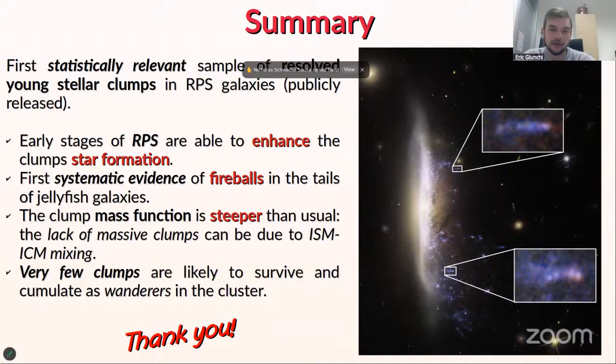But all the 6 galaxies that you see here are of a large J class. They're all undergoing strong ram pressure stripping, so we weren't able to discriminate this kind of parameter, also because of statistics. Once you start selecting only clumps for which we have a good estimate of the mass, only the tails, etc., it's also difficult to study the single galaxy. But that would be very interesting to study, sure. Okay, thank you.